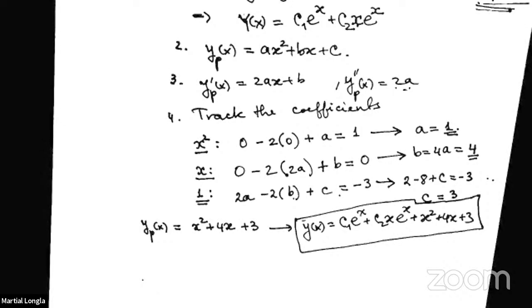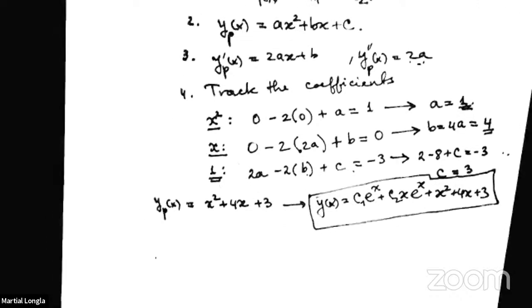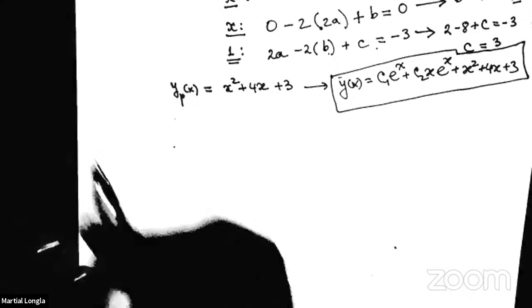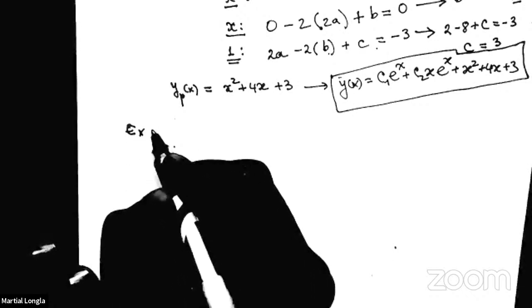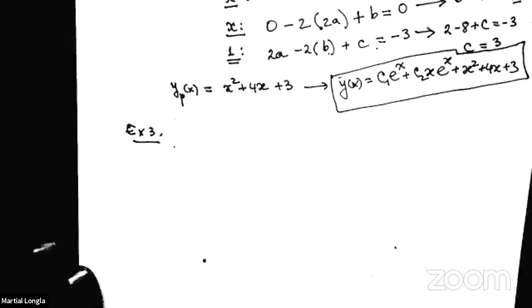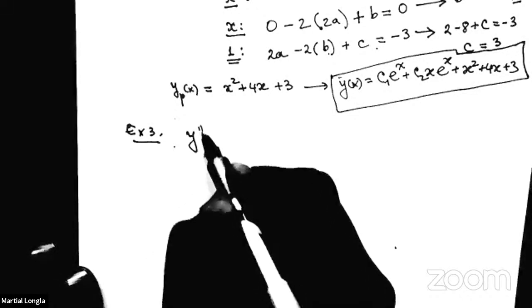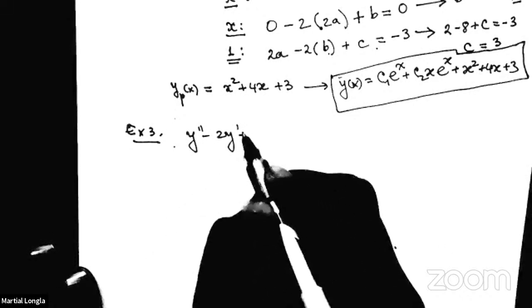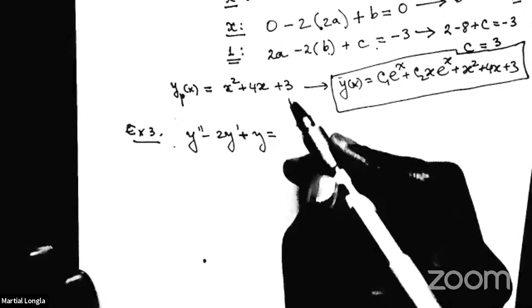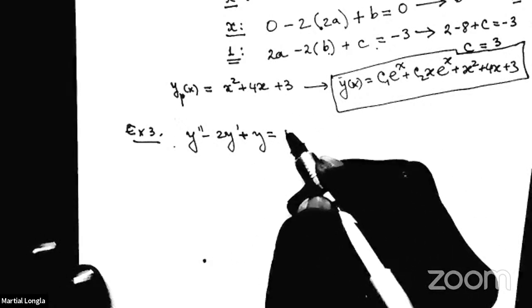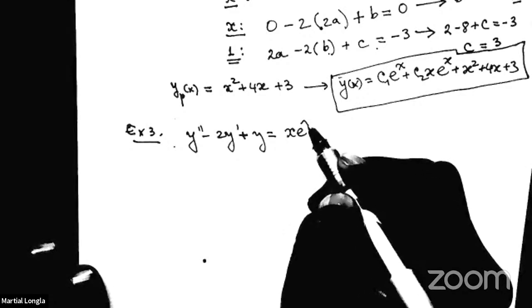Now I'm going to give you a crazy example that shows you why it is important to have that condition there, that alpha is not a solution of the homogeneous problem. Let me restart this very problem that we had and just change the right-hand side a little bit. Let's say we still have y double prime plus 2y prime plus y equals, but this time, x e to the x.